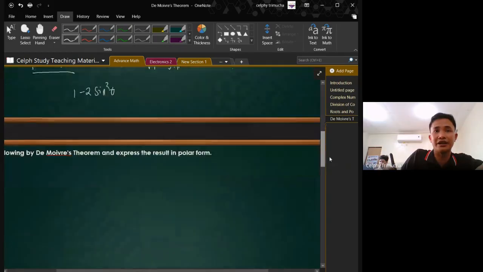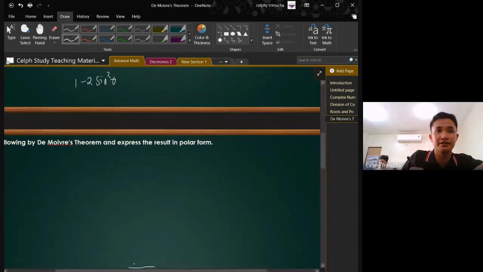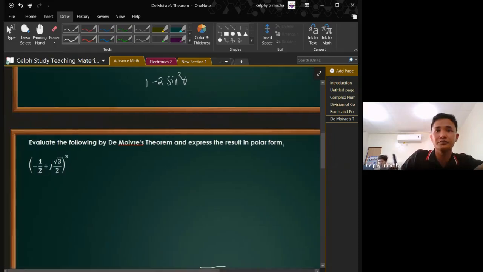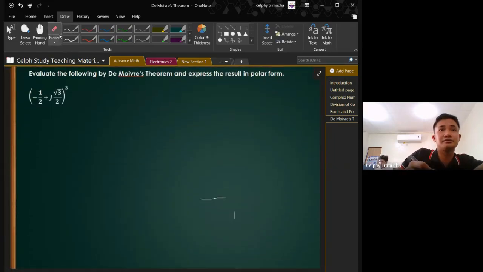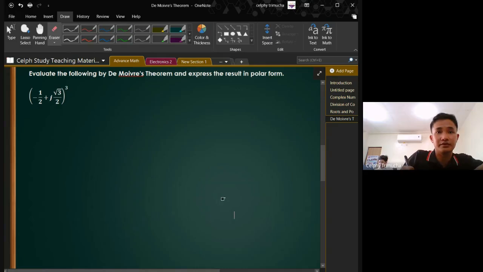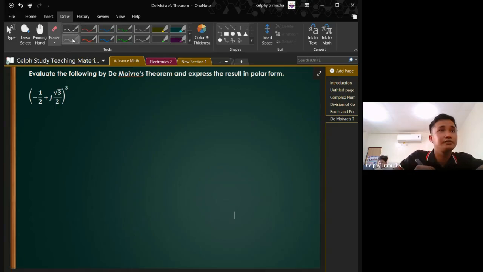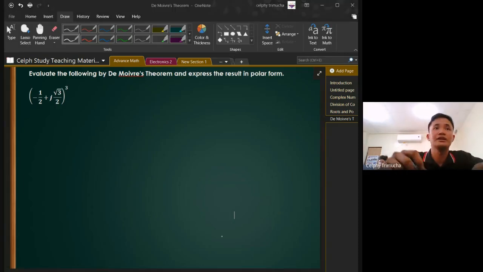Okay, so we will have another example to help us understand more. Evaluate the following by De Moivre's theorem and express the result in polar form.